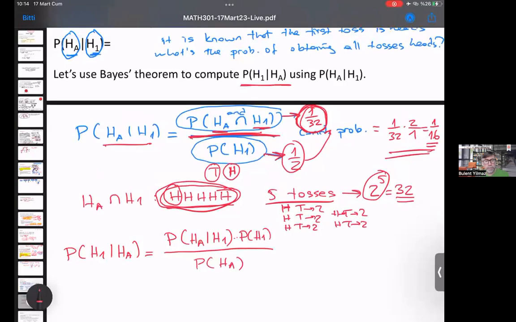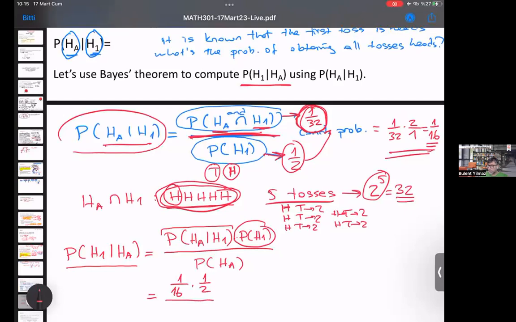Okay, this is Bayes' theorem. I'm trying to find the probability of H1 given HA. I need to use the probability of HA given H1 times the probability of H1 divided by the probability of HA. HA given H1 we found: 1 over 16. The probability of H1, first toss being heads, is 1 over 2.